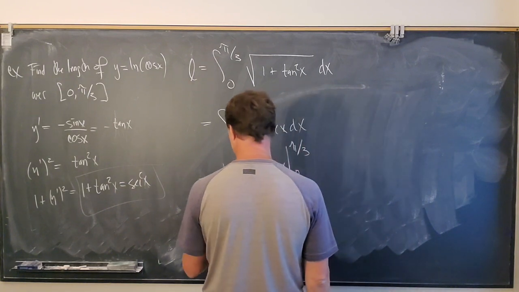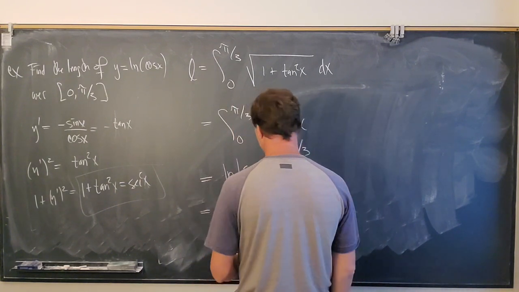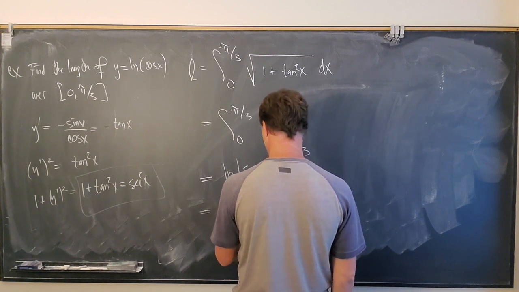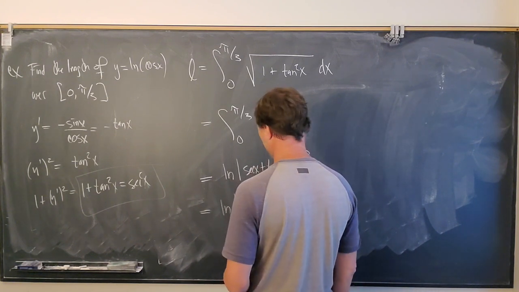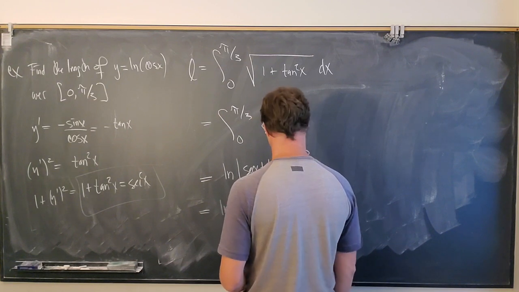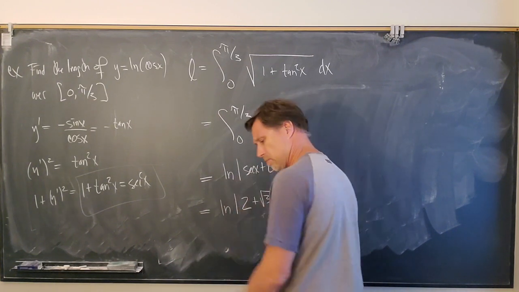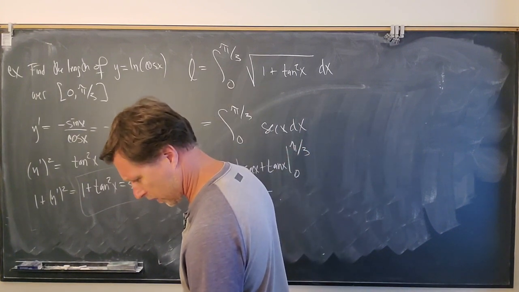Plug in the limits of integration. This will be natural log of, let's see, secant of pi over 3 is 2, and then tangent of pi over 3 is root 3. Root 3? I don't know why I can't think about that.